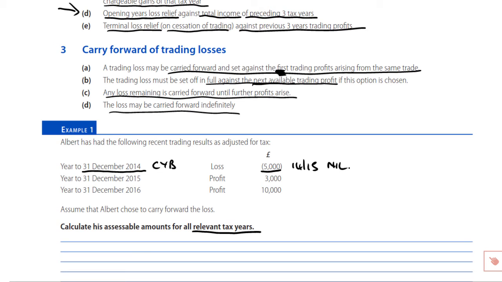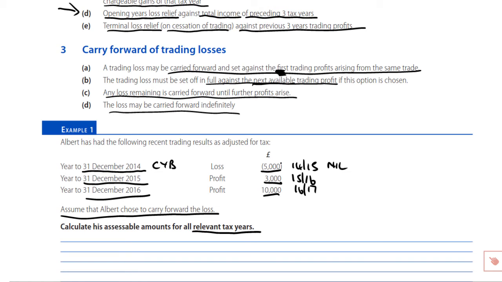And assuming that Albert chose to carry forward the loss, what will it then go against? It will go against future trading profits of the same trade. You've got 3,000 for the year ended December 15, assessed in 15-16. Year to December 16, assessed in 16-17, you've got £10,000.